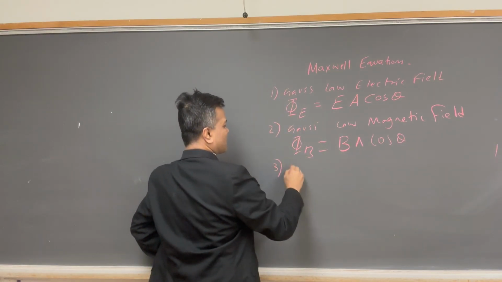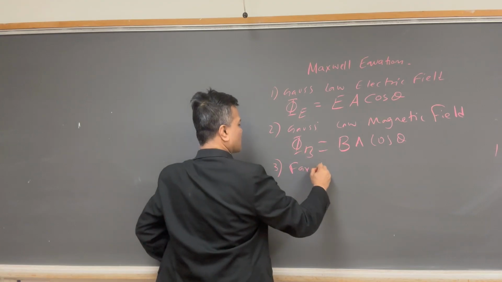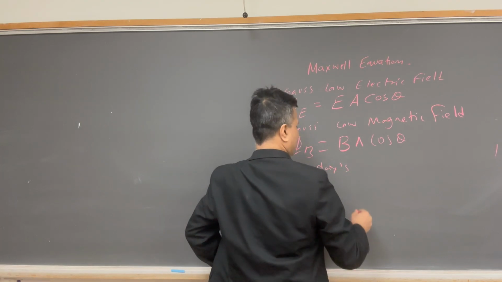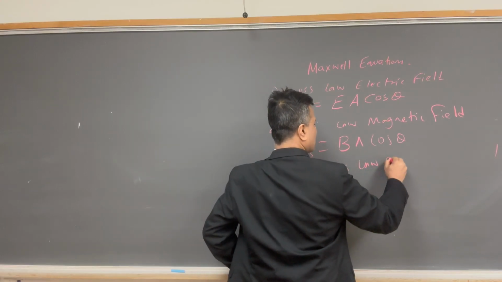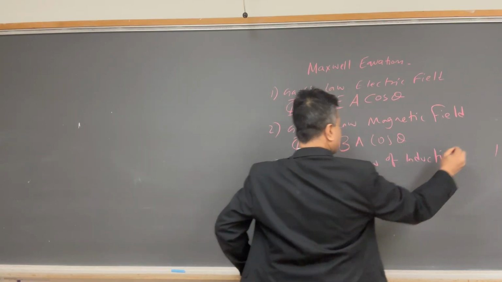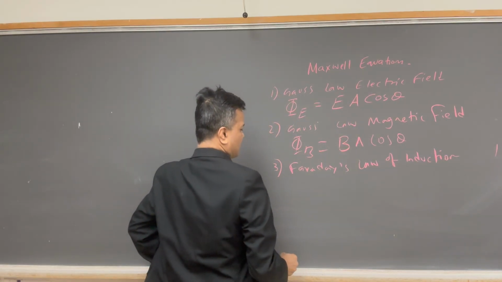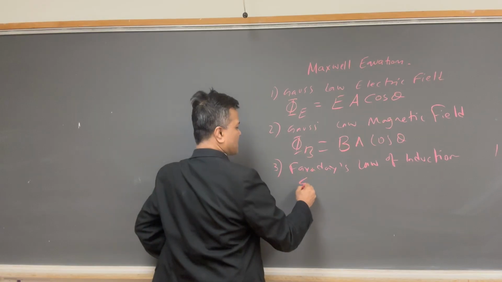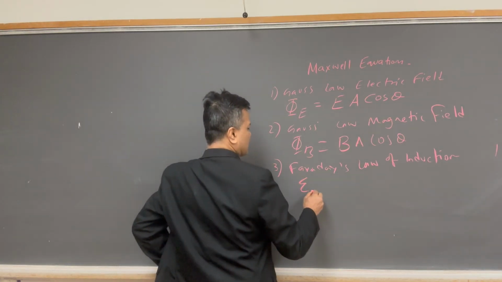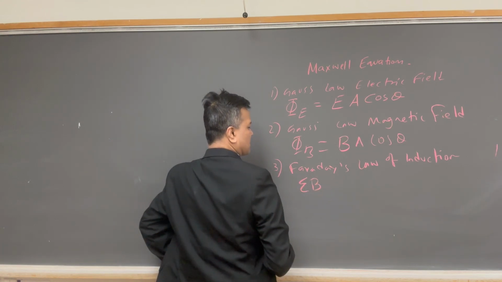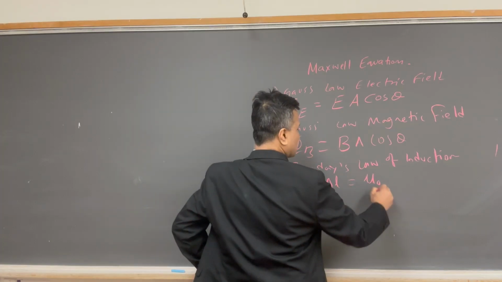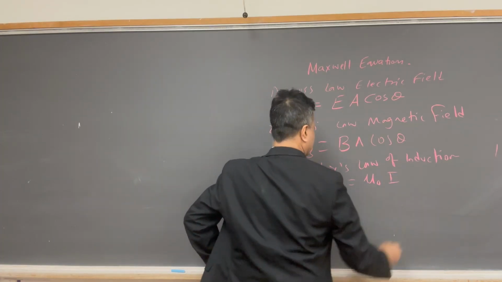Number three, Faraday's law of induction. Faraday's law of induction tells us something like this. Sigma, again, we're not going to use the calculus. Sigma magnetic field delta L is equal to mu naught times current.